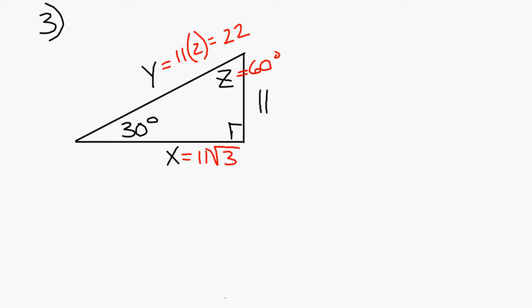And in your calculator, 11 times square root of 3, we're rounding to the nearest tenth. Check that, that's going to be 19.1.